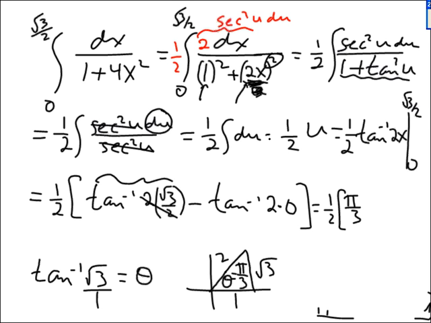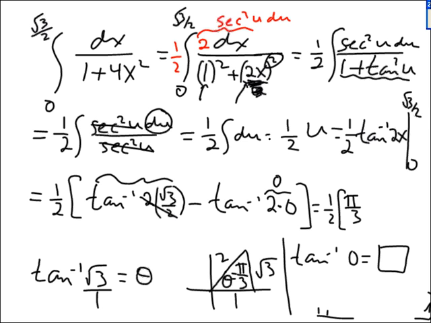Now, of course, this is 0. So we want to know, what is the tan inverse of 0? That is the tangent of what angle gives you 0. Well, remember, tangent is sine over cosine. If sine of an angle over cosine of an angle is 0, it's because the sine is 0.